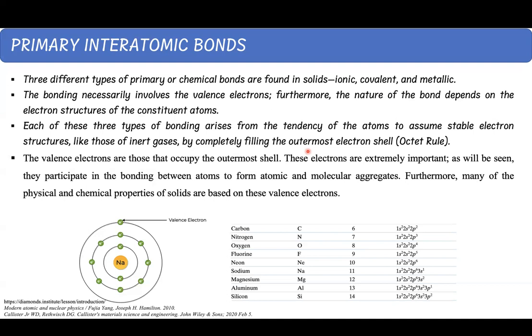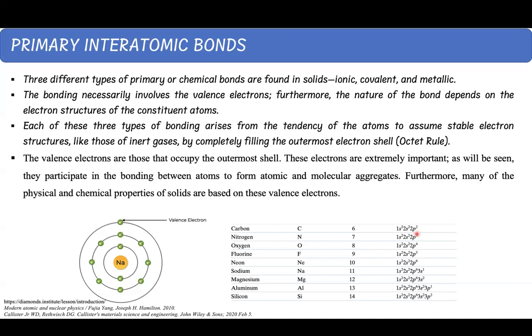So the bonding between two atoms is played by the valence electrons, the outermost shell of the atoms. To make the electronic configuration clear: for the first shell there will be 1s2, 2 electrons, and then in the second shell there will be 4 electrons for carbon, 2s2 and 2p2.